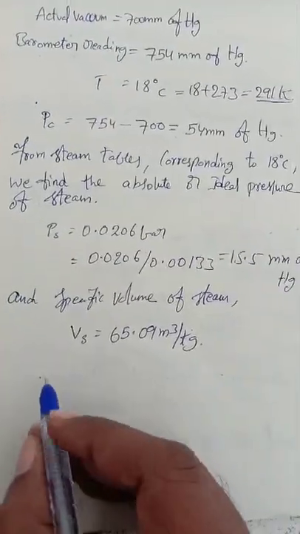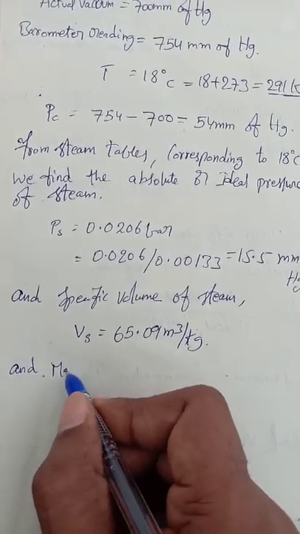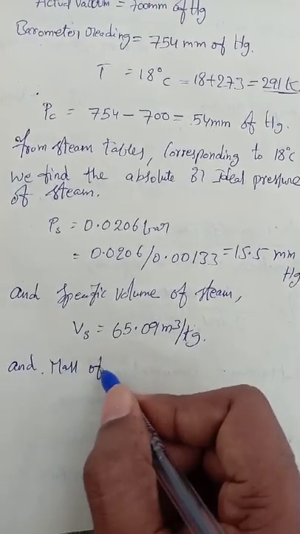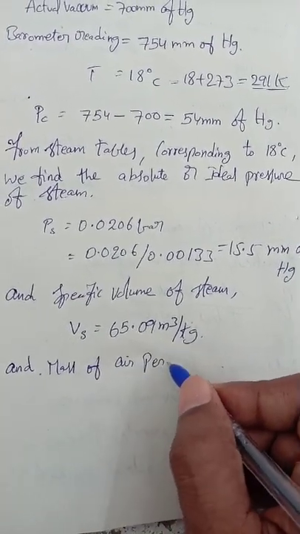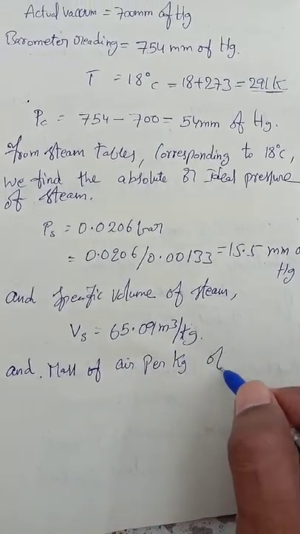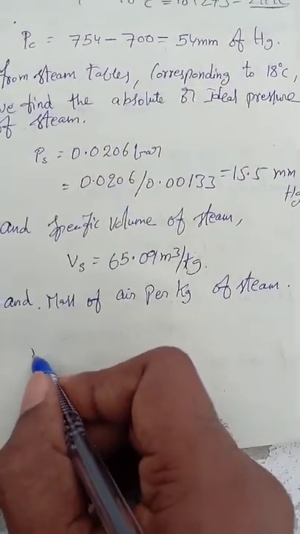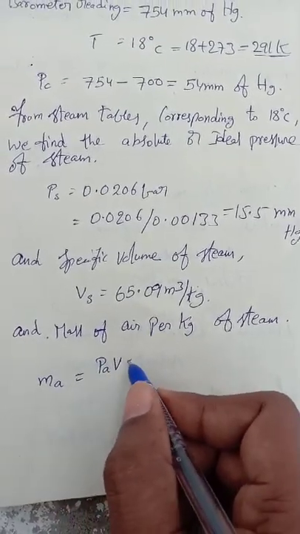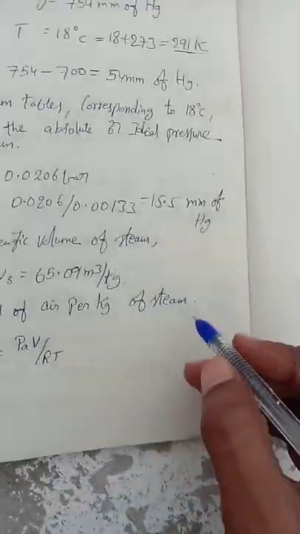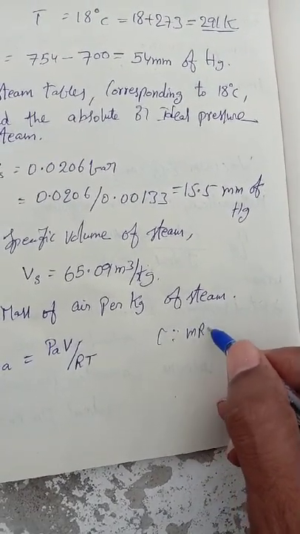Next, the mass of air per kg of steam. MA is equal to PA V by RT, since PV is equal to mRT.